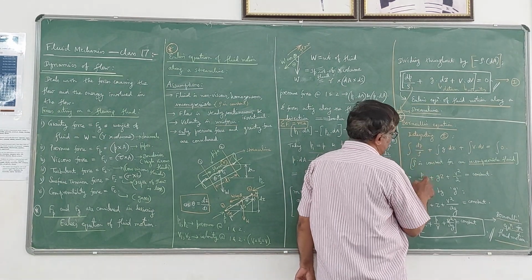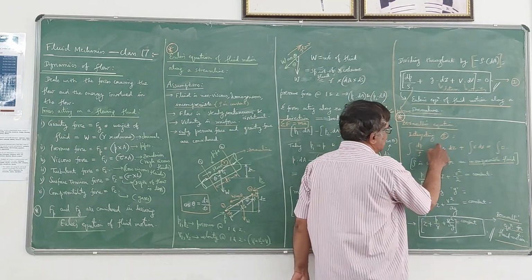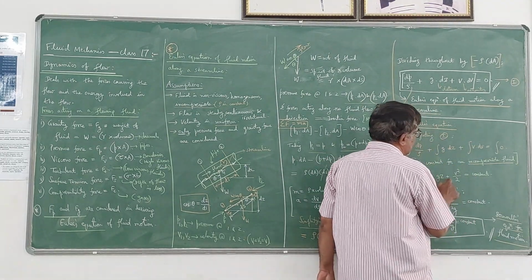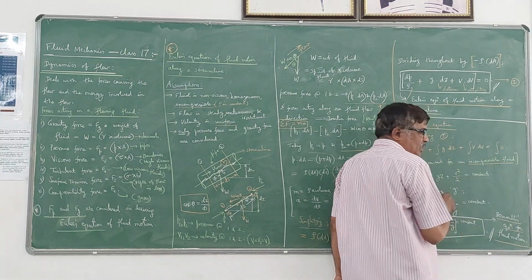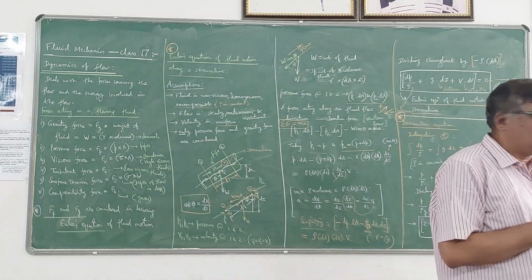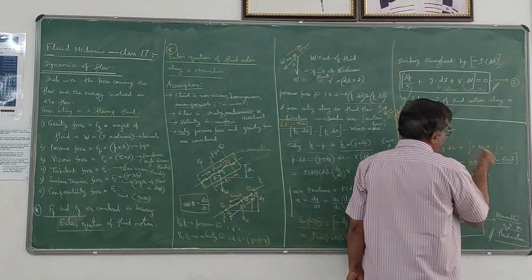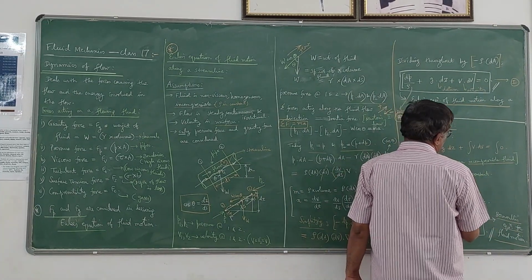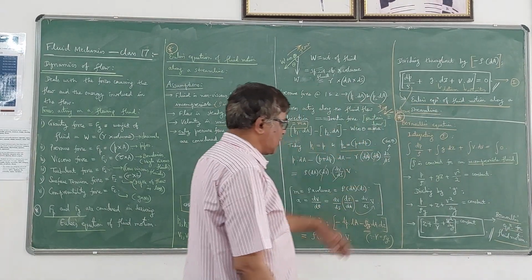Integral of dp is p only. So p by rho plus g you can take outside as a constant. Integral dz is z plus integral v dv is nothing but v square by 2, because integral x dx is x square by 2, and integral of 0 is a constant. So the RHS becomes a constant.